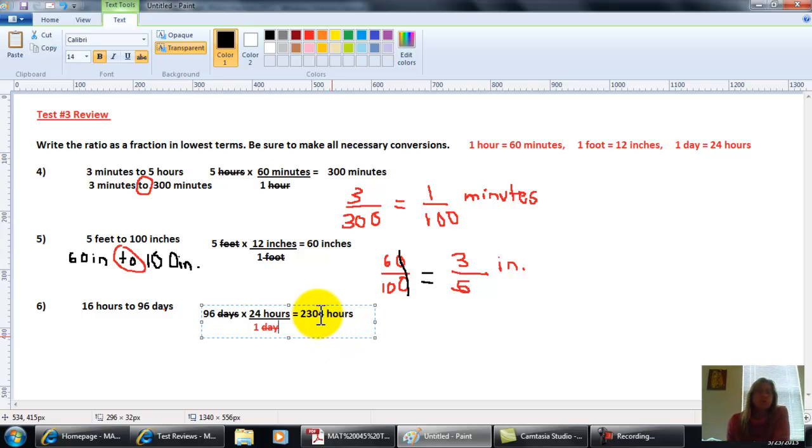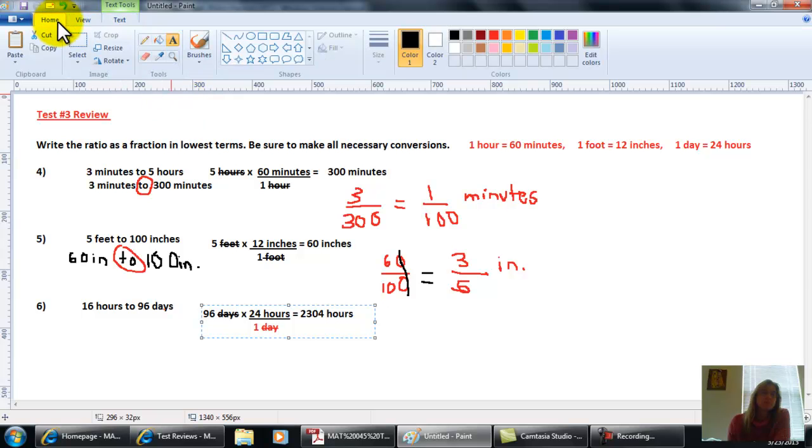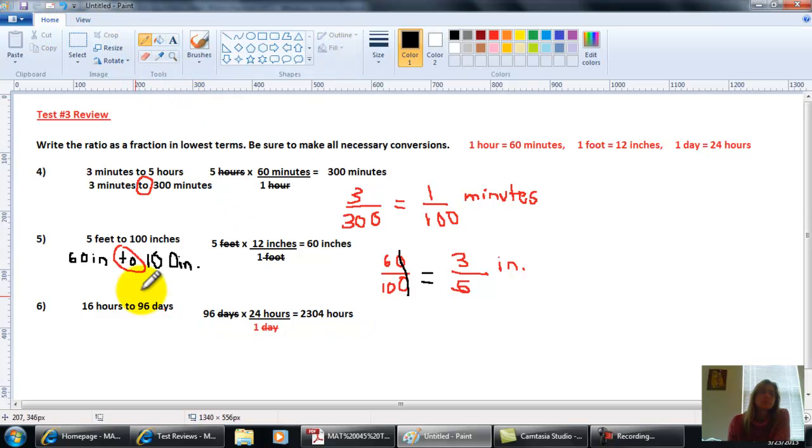And then we end up with that many hours replacing these 96 days. So you have a new ratio of 16 hours to, instead of 96 days, 2,304 hours.